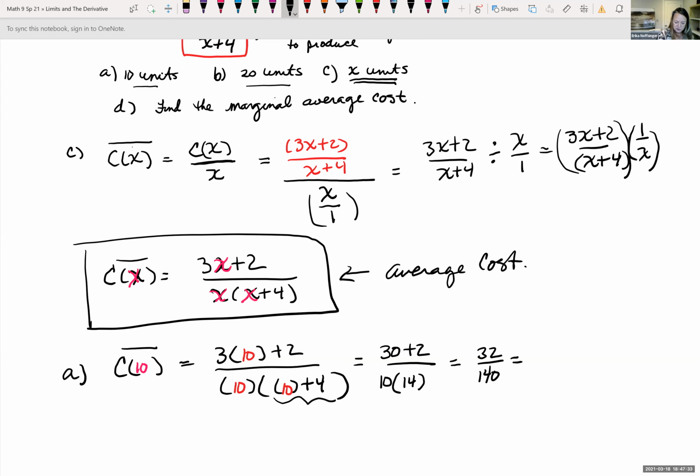I probably would reduce this, but I also noticed that because I'm talking about dollars, it makes more sense to me if this was in decimal form. So 32 divided by 140 is equal to 0.22857 approximately.